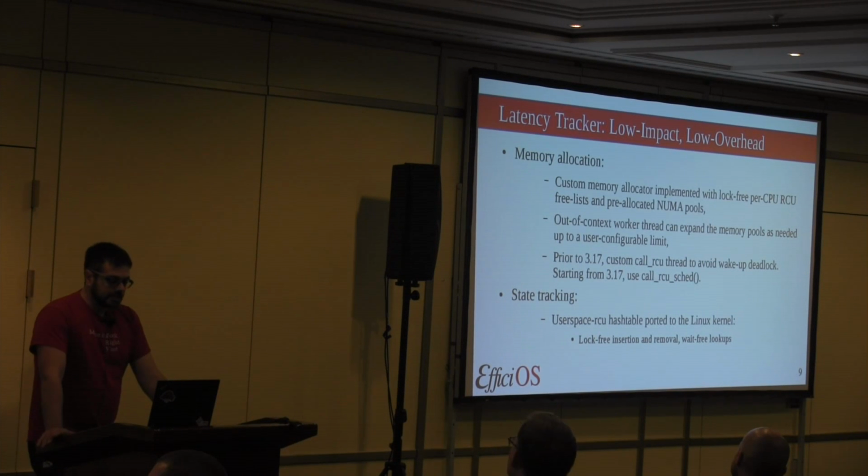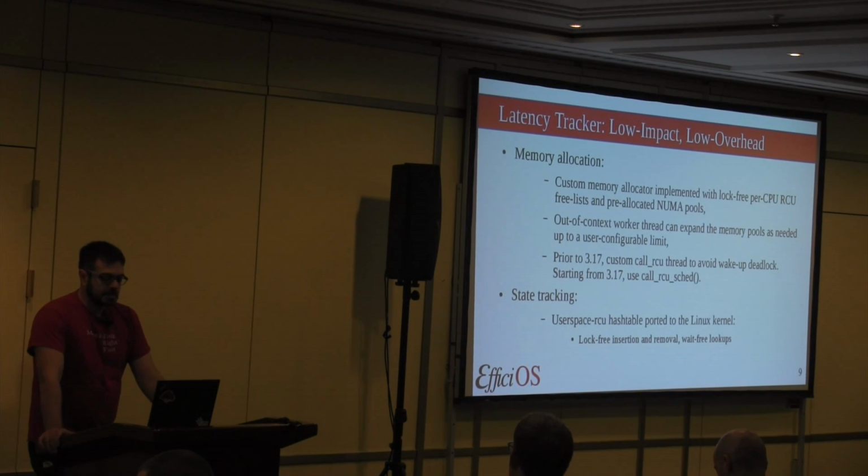The design of the latency tracker aimed at being low impact, low overhead. So we created our own custom memory allocator using a lock-free per-CPU free list with pre-allocated nodes. An out-of-context worker thread expands the memory as needed up to a user-configurable upper bound.